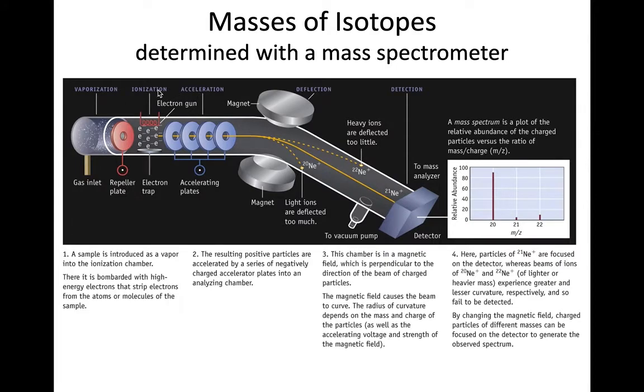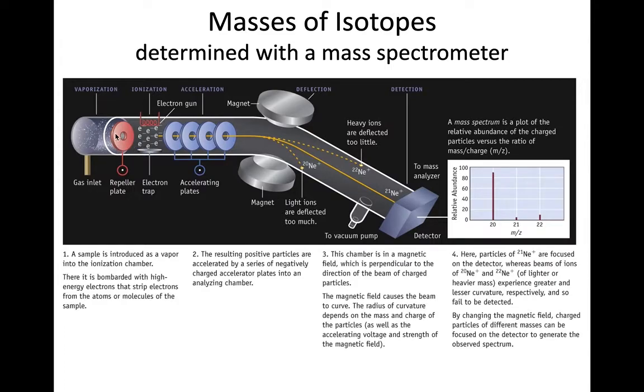So let's say we're looking for isotopes. So we've got just one type of atom. We're wondering how many isotopes it has and what is the mass of those isotopes. So in here we would have our sample, our gas, and it gets ionized very, very early right here, and because it's ionized it has a negative charge.